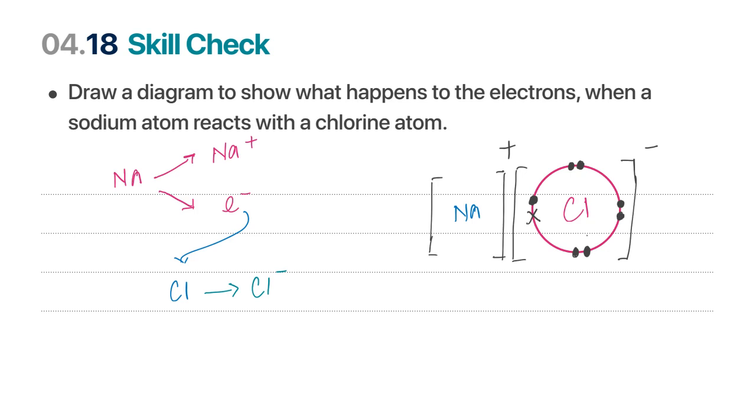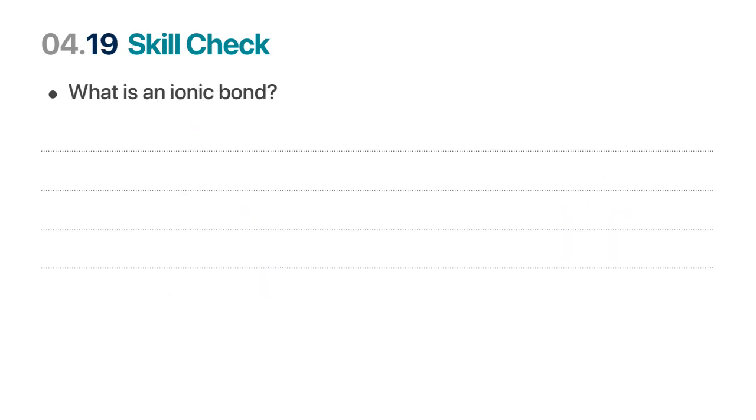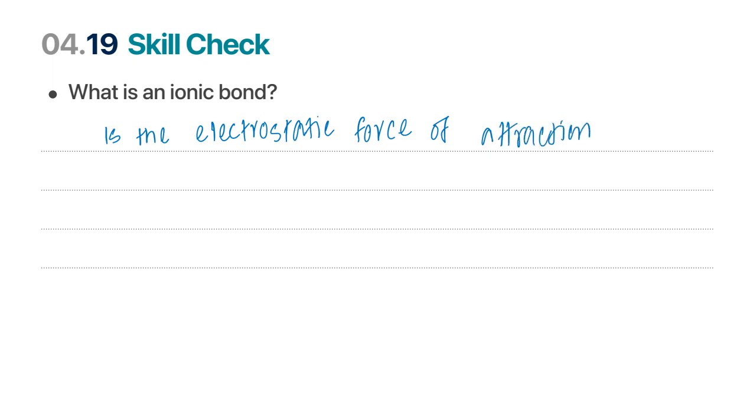Okay, let's move on. What is an ionic bond? An ionic bond is the electrostatic force of attraction between oppositely charged ions.